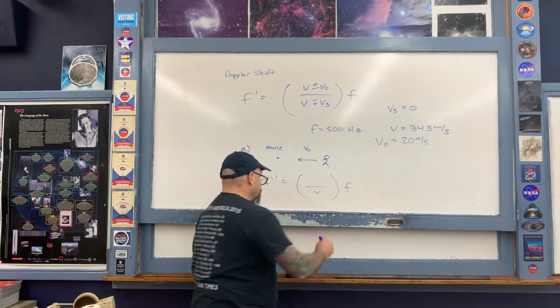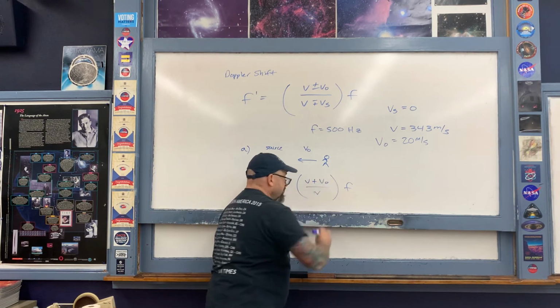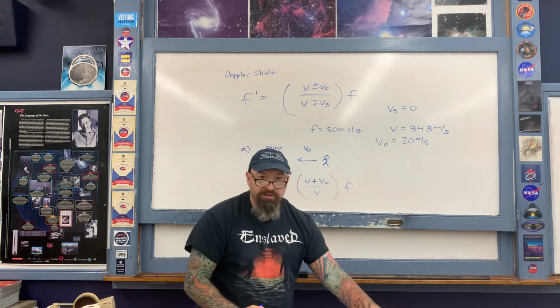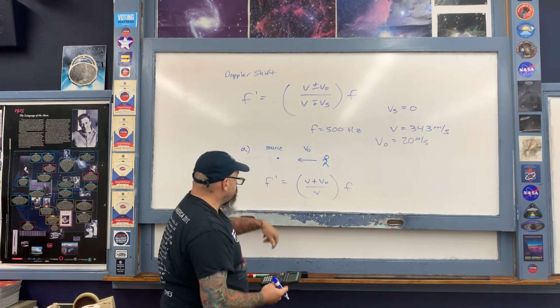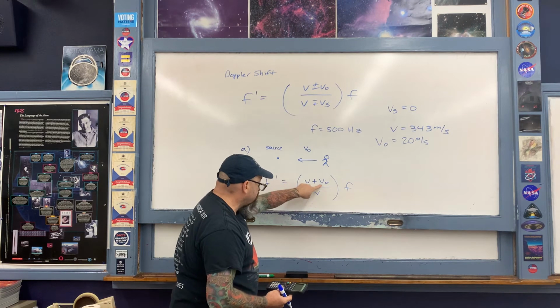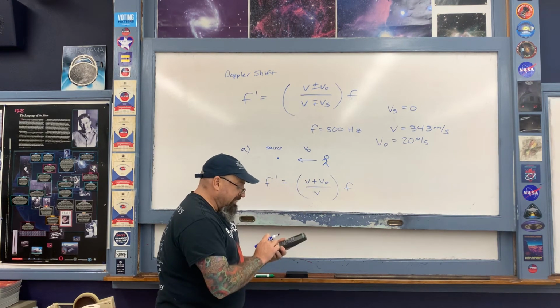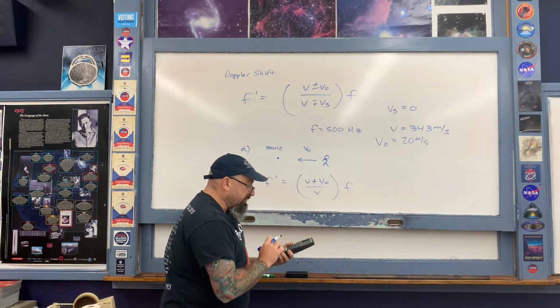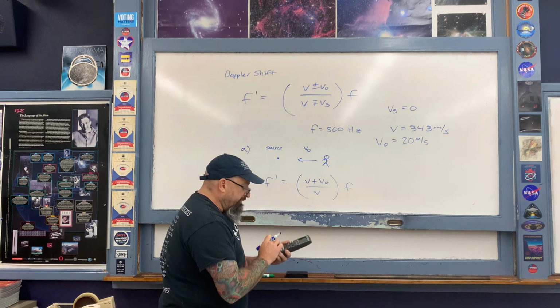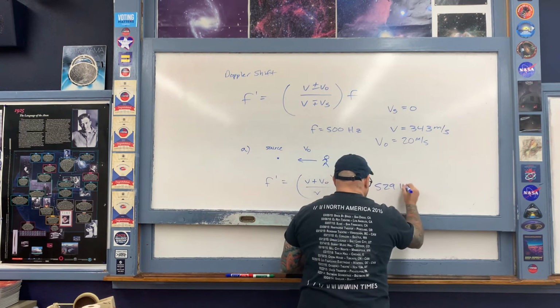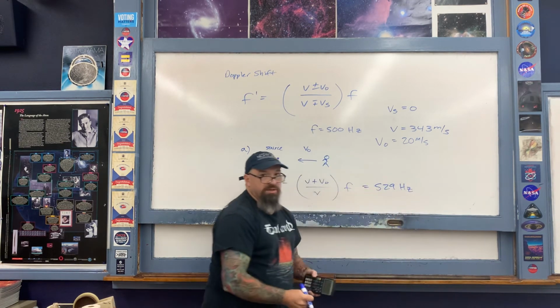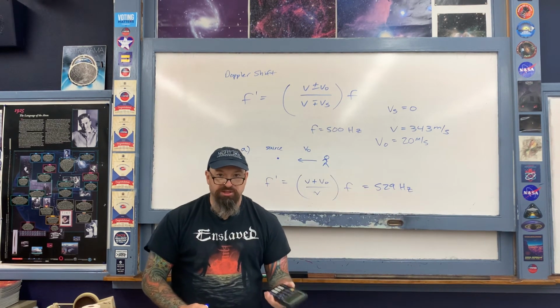And now we just fill in, and then we calculate our Doppler shifted frequency. In the numerator, we have 343 plus 20, so 363, divided by the speed of sound, 343, multiplied by 500 hertz. We end up with a Doppler shifted frequency of 529 hertz. So you hear a higher pitched sound.